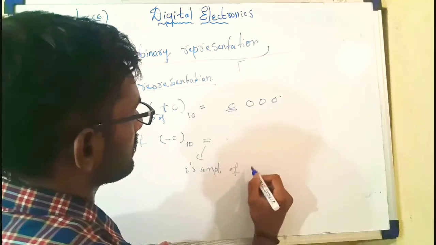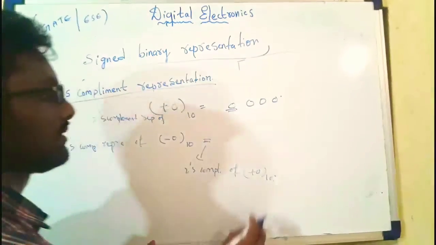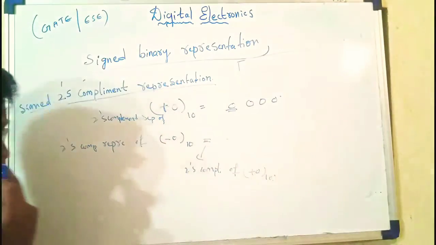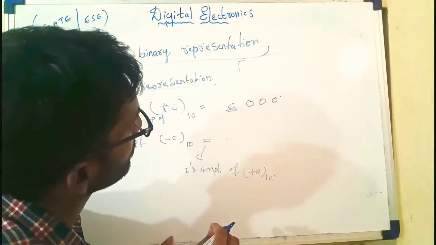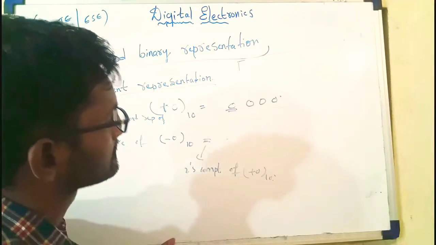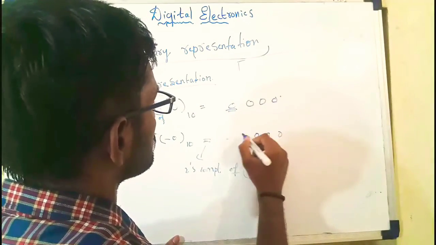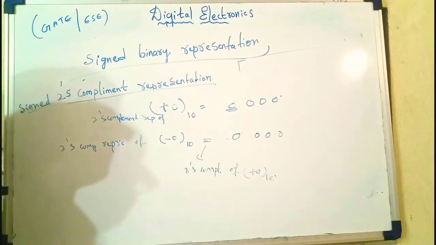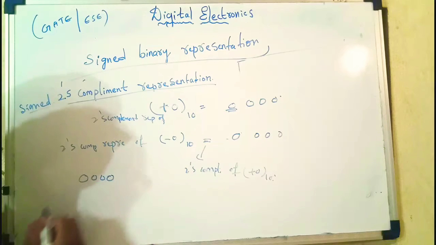The value of plus 0 to the base 10 is this. 2's complement is nothing but, whenever this is 0 0 0 0, this is the 2's complement form. Otherwise, this is all zeros.